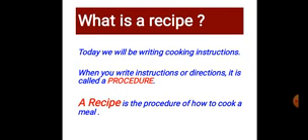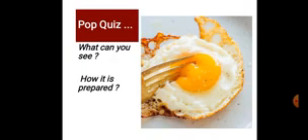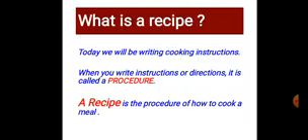So if I'm telling you how I prepared my scrambled eggs and I decide to write it out, what I am writing will be called a recipe. What I am writing is called a what? Recipe. A recipe is the step-by-step procedure, step-by-step instruction, step-by-step directions of how to cook a meal.